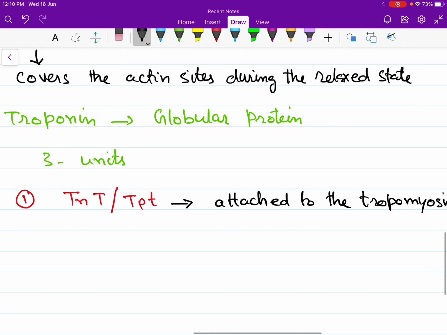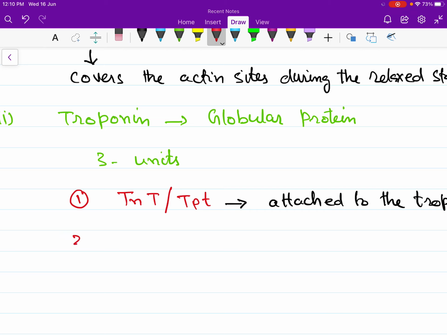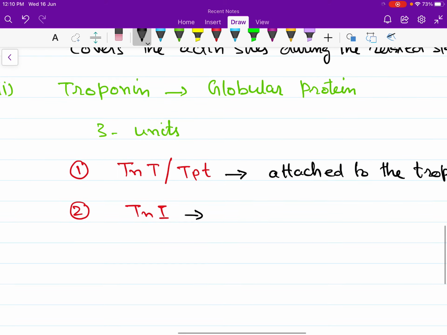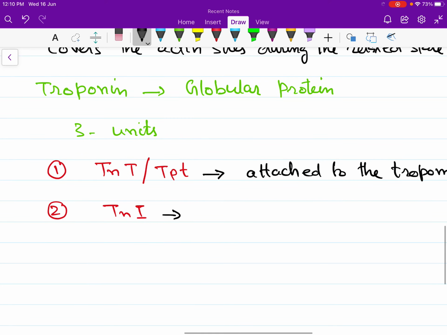The second unit of the troponin is called TNI. TNI is actually the inhibitory protein, so it inhibits the actin during the relaxed state.